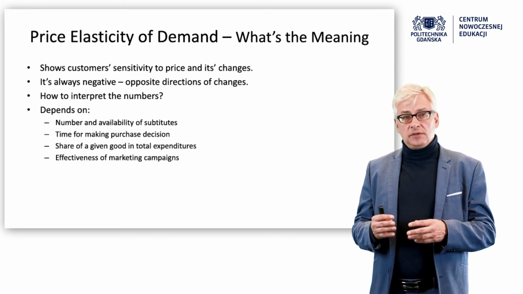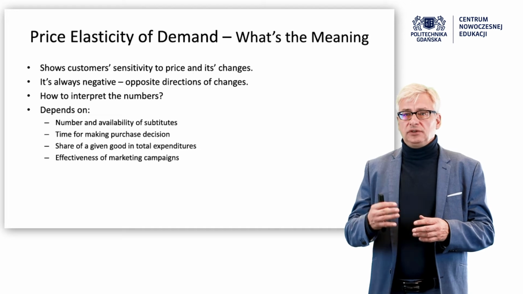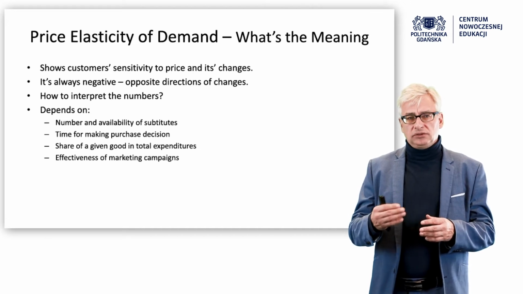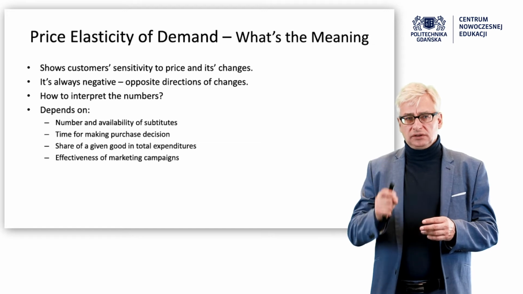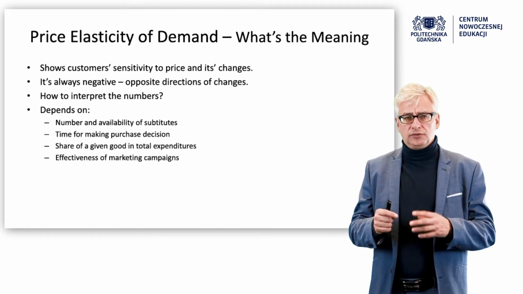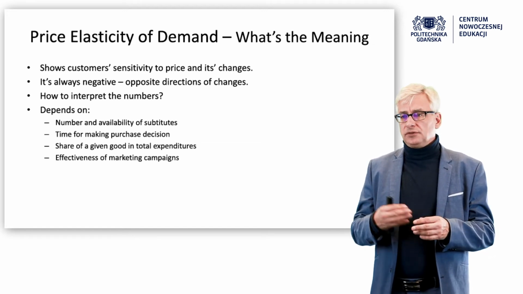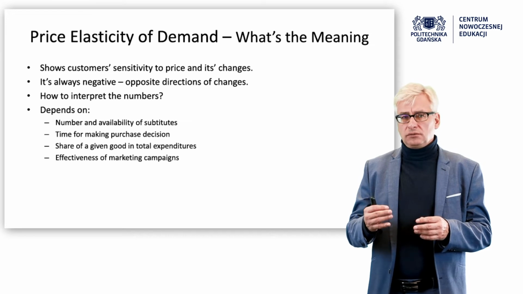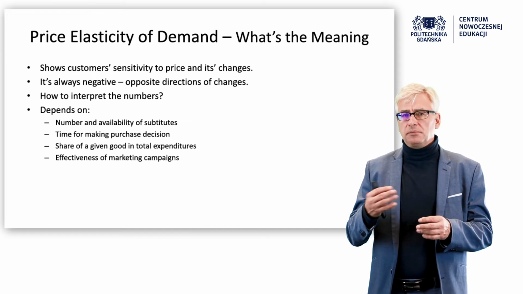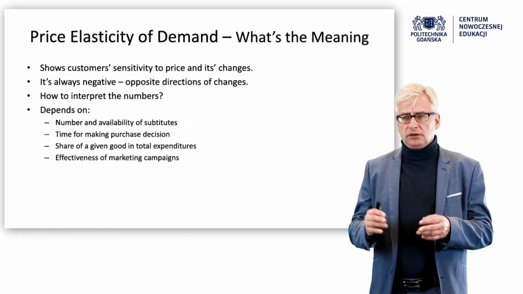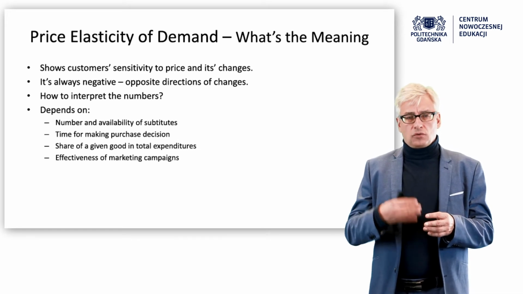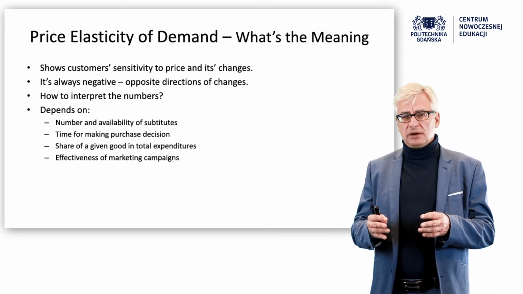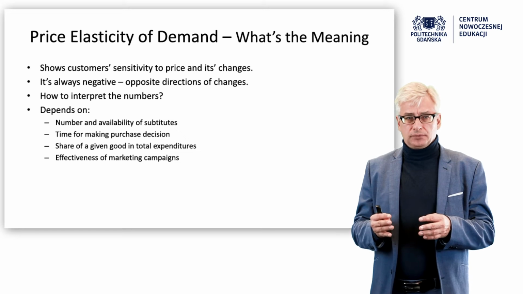Why is that so? Because the money that you spend on table salt is a very tiny, insignificant part of your total budget. Therefore, if you buy, let's say, 1 kilogram of table salt per month, which is probably quite a lot, then whether you pay $0.50 or $0.25 per kilogram, it doesn't really matter to you.